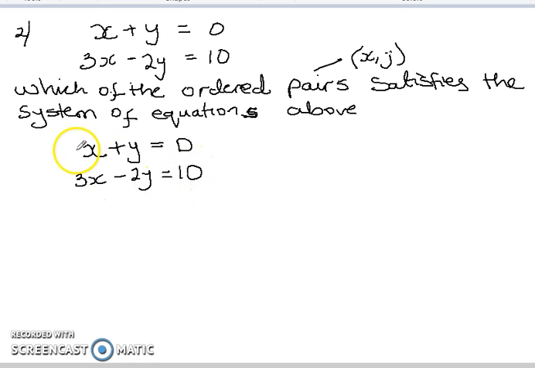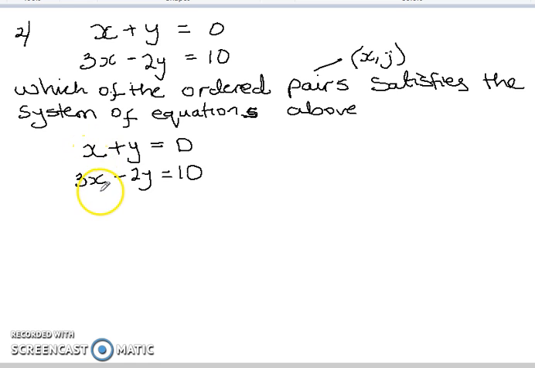So I'm going to use a method called elimination to solve these two equations simultaneously. To do this, I need to ensure that I have the very same value for each variable, or rather any one variable.